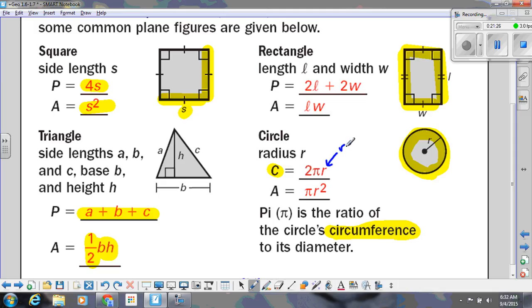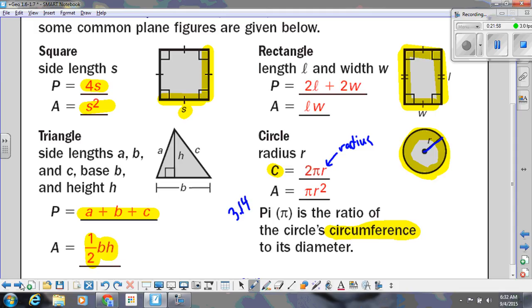And remember, in a circle, a radius is the segment that connects the center to the edge of the circle itself. So this is the radius. All right, and then for area, it's pi r squared. Don't forget that pi is that number 3.14159. All right, we usually use 3.14. Unless it says in the directions to do something else, use the pi button on your calculator.